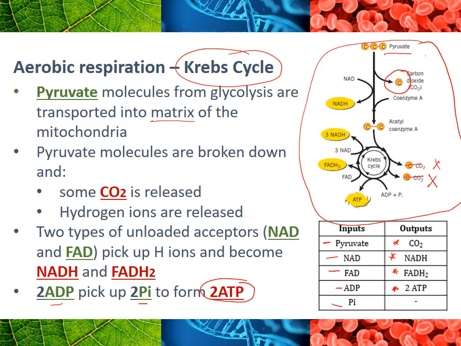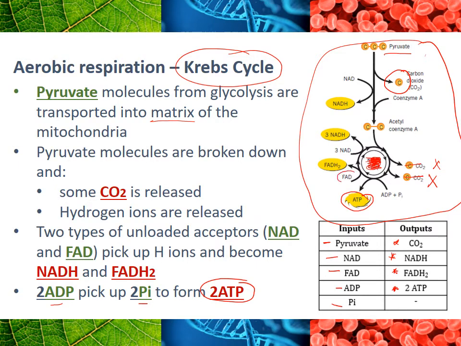So what you should be doing is learning these steps and then using this picture to figure out what's going on. Because in an exam, it probably wouldn't have this bit here. It wouldn't say that this is the Krebs cycle. You would have a diagram like that. It will tell you some of the inputs and outputs. So you'd know we're making ATP, so you'd be able to figure out we're talking about respiration.